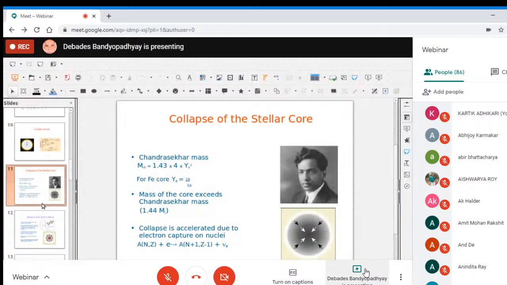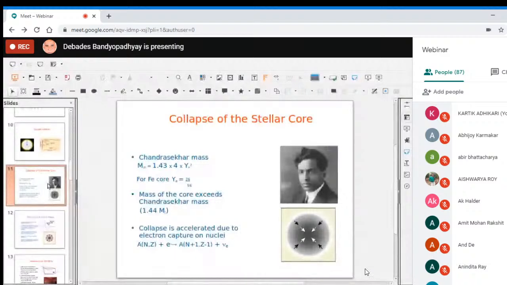But we know Chandrasekhar showed that degenerate electron pressure can balance the gravitational force and stabilize a particular kind of compact object, which are known as white dwarfs.